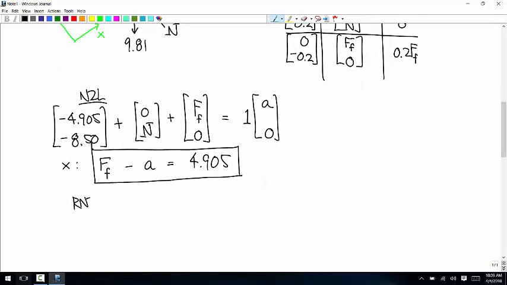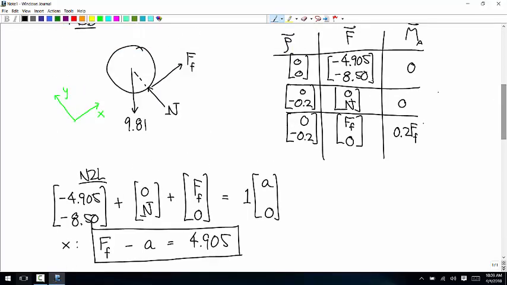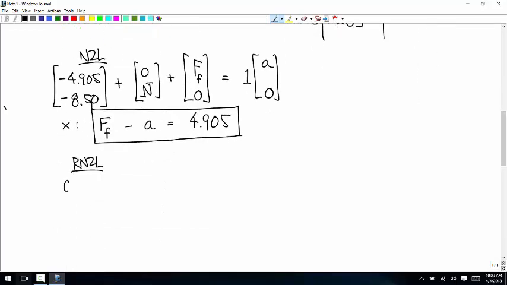So, force of friction minus a is equal to 4.905. Okay, so that's our first equation. And then the moment equation says 0.2 FF is equal to the moment of inertia 0.02 times the angular acceleration. And so that gives us our second equation: let's multiply by 5, and we get FF minus 0.1 alpha is equal to 0.